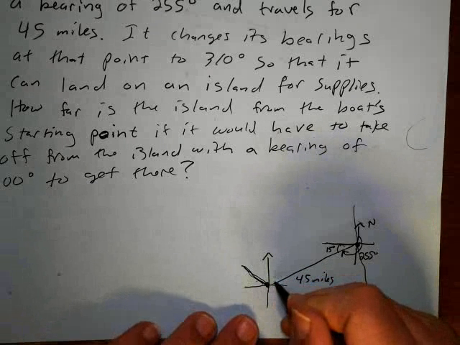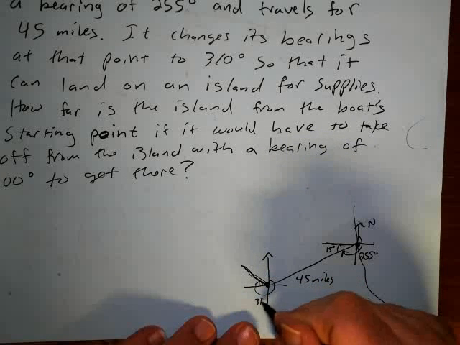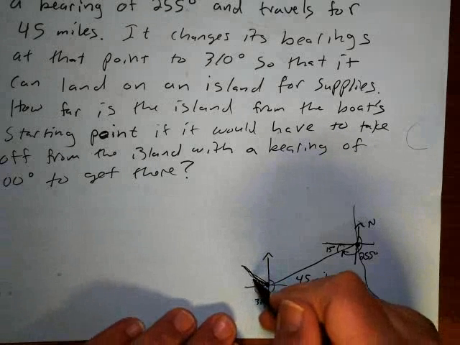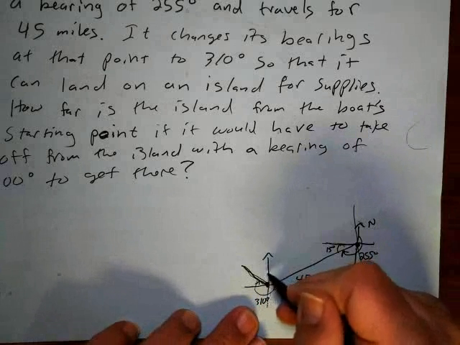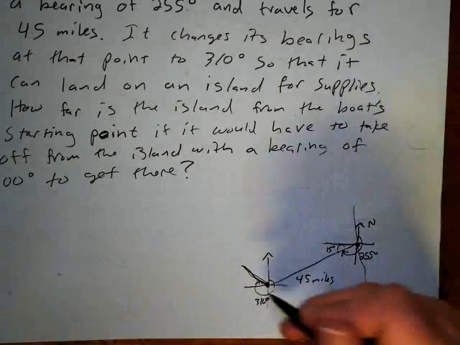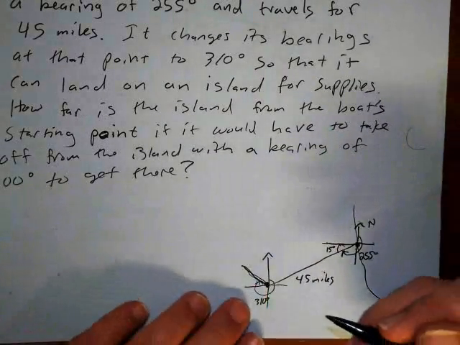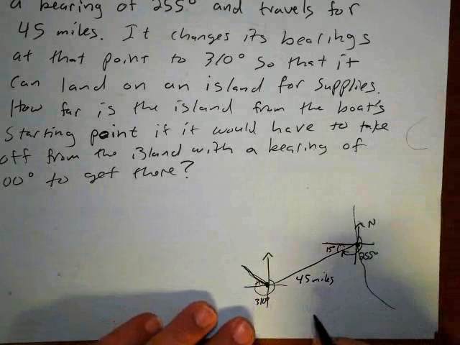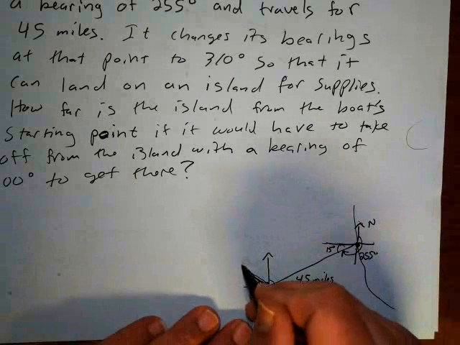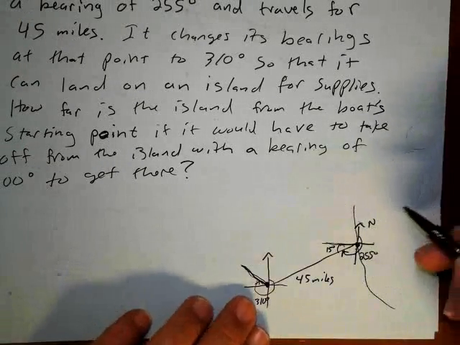So basically from here to here is 310 degrees, and this would be like 40 degrees. That would be 50 degrees. Okay, so that you can start seeing how we might do this sort of thing, how we might start getting these angles.